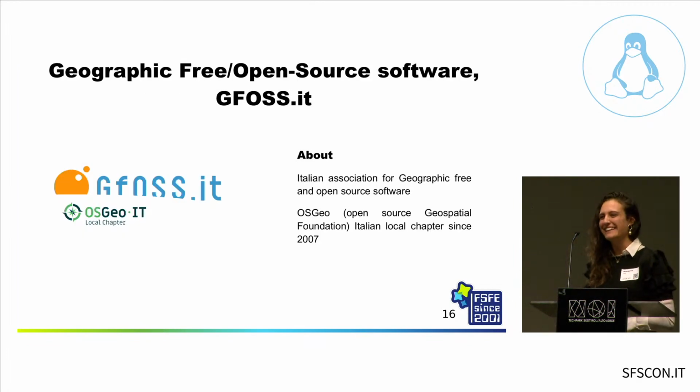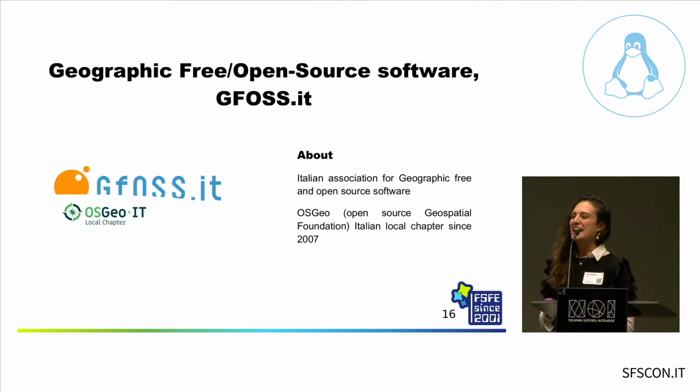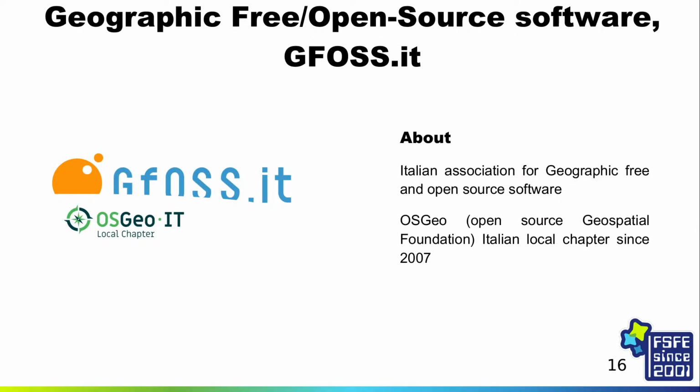Enough with open data and geospatial, but I want to conclude with GFOSS Italy, the geographic free and open source software association, which since 2007 is the Italian local chapter for OSGeo, the Open Source Geospatial Foundation.